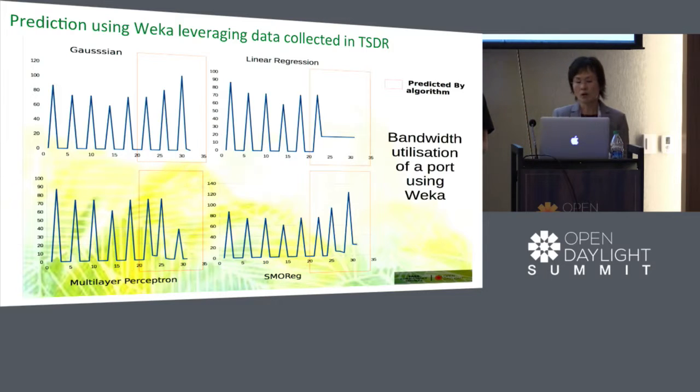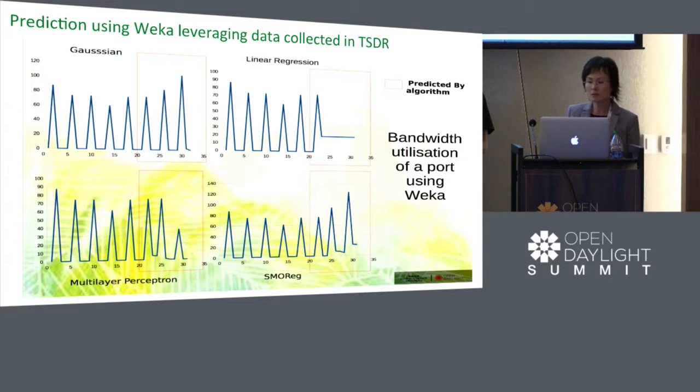Weka is a Java-based machine learning tool, and we used 4 different types of algorithms and generated the result for the prediction in the next 24 hours. And we can see in this diagram that the Gaussian and SM or EG are a little better in this way.